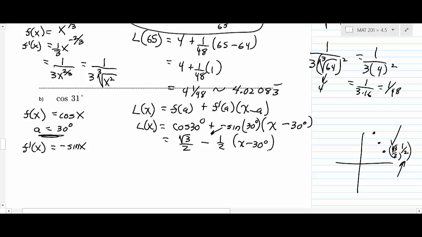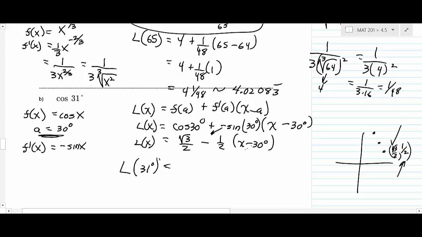So that's it. Now you do not need to multiply that out. There's absolutely no need to do that because what you're trying to find is L of 31. You're trying to find the linear approximation of 31 degrees. Okay, everybody with me okay? And this is not too hard, okay? This one's got nice simple derivatives, and you like it when that happens.